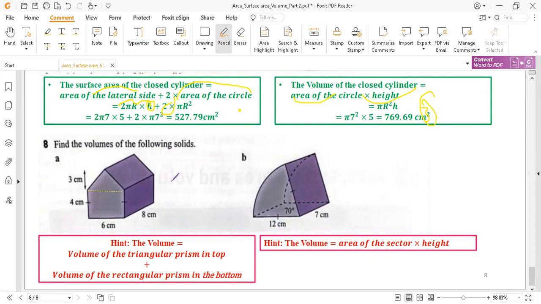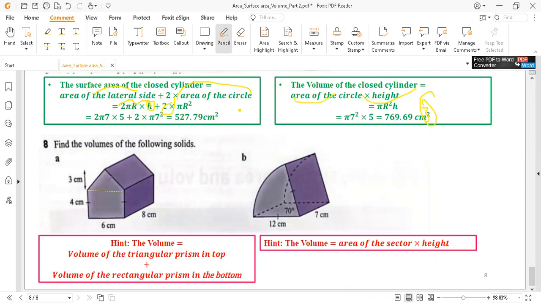And I mentioned here some hints to calculate the volumes of the following solids. For example, in the first example, we have a composite solid, like a house. We can partition this one to obtain two different solids.